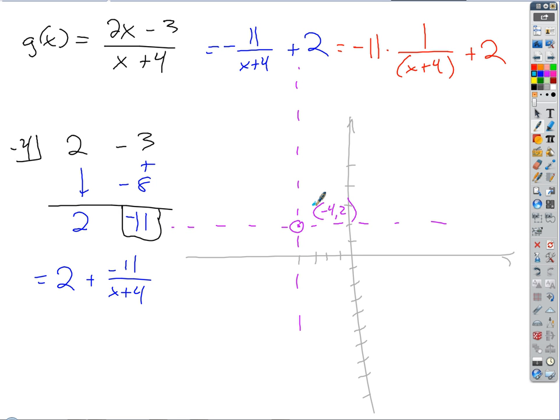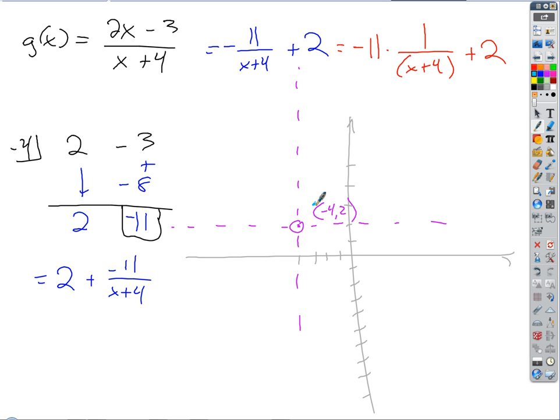Normally, if a is 1, I go over 1 and up 1. What does a negative value of a do? It reflects it. Reflects it vertically or horizontally? Come on now, a is negative.